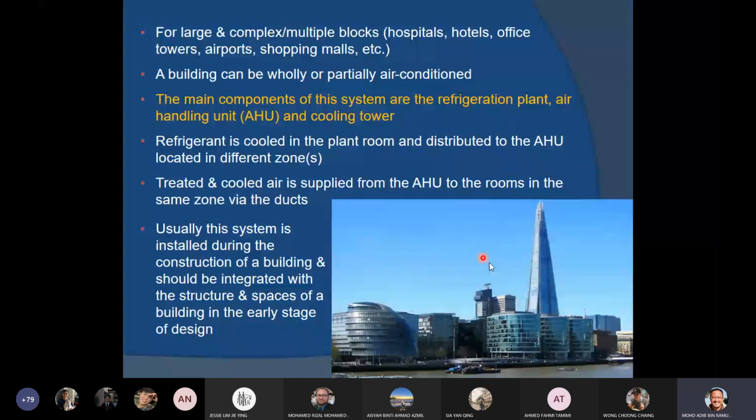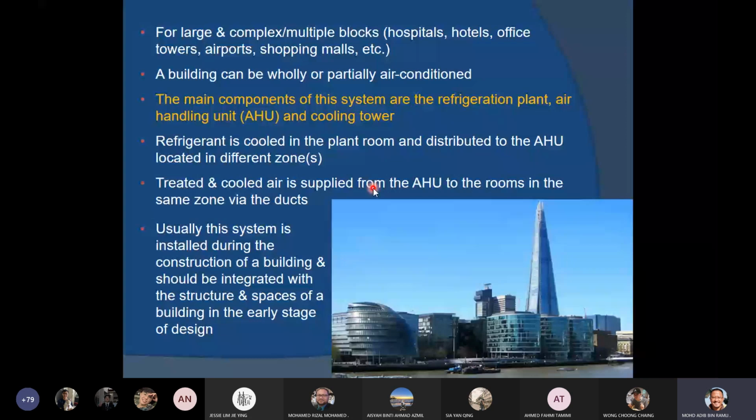But for the plant system, you have two other main components, which are the air handling unit or AHU and the cooling tower. I believe this AHU is normally located in a room. Maybe some of you have come across a sign on the door saying AHU room.